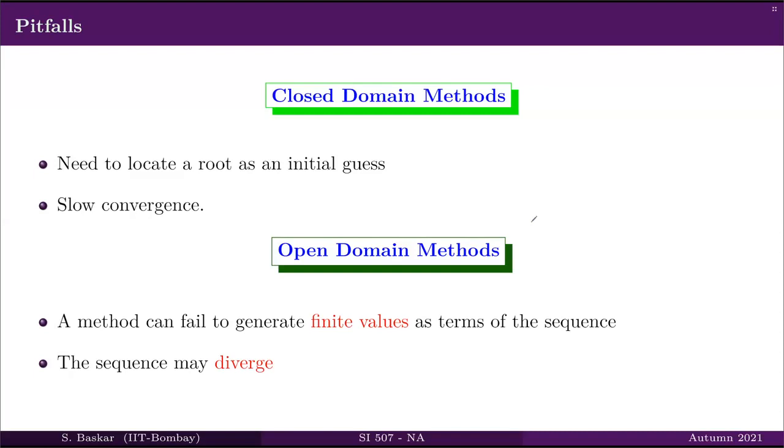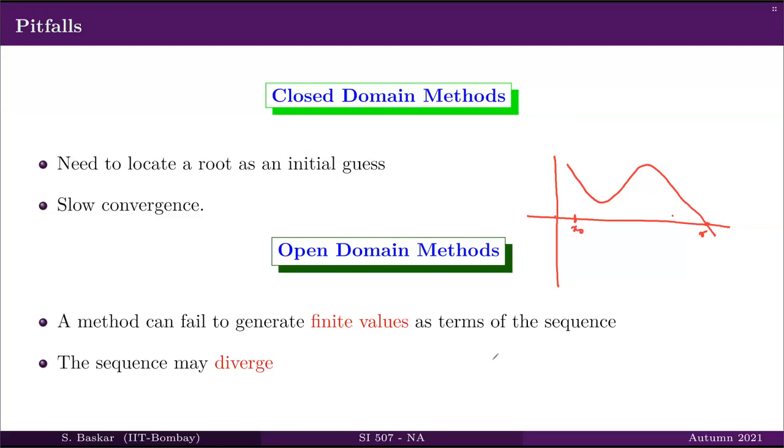One interesting situation is that sometimes they may get into a cycle and thereby start oscillating. Say, for instance, let us take the Newton-Raphson method, and suppose your equation is such that the graph of the function is something like this, and you are interested in finding the root r, which is located here, and suppose you choose your x0 quite far away from r.